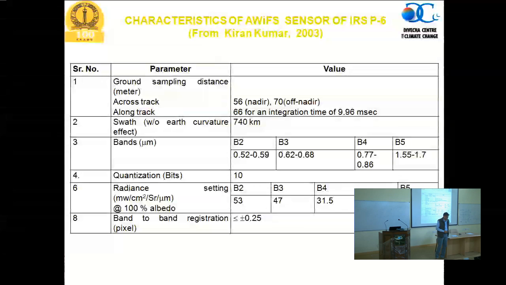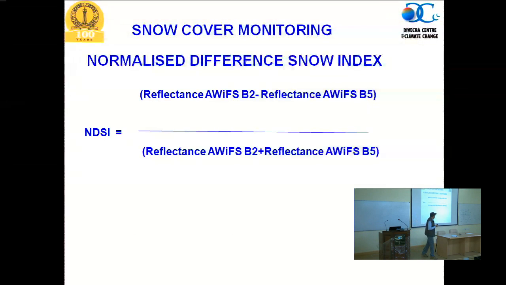Now we will move a little bit further, because we already know that there are two different bands of the electromagnetic spectrum where we have very high reflectance of snow and another band which has very low reflectance of snow, and we can use it and make an index of it, which is called the normalized difference snow index. We can use the reflectance of AWiFS band 2 and the reflectance of band 5, and you can get this index, which is commonly used now.